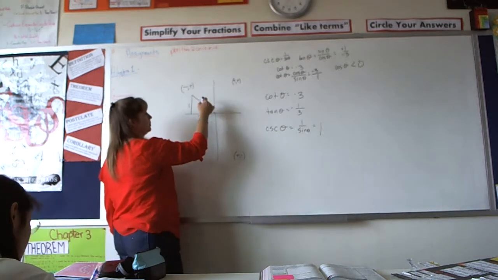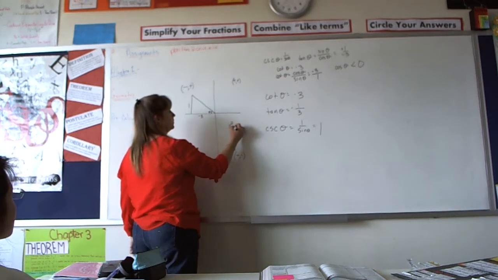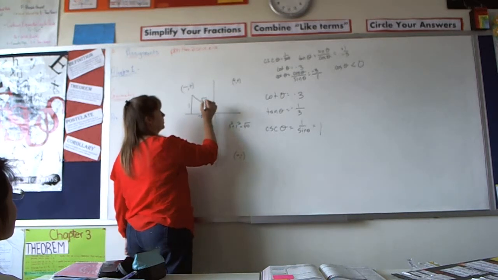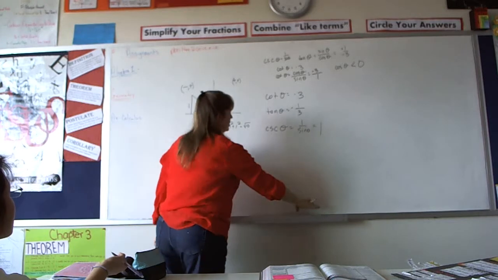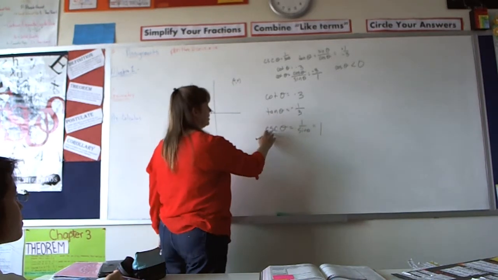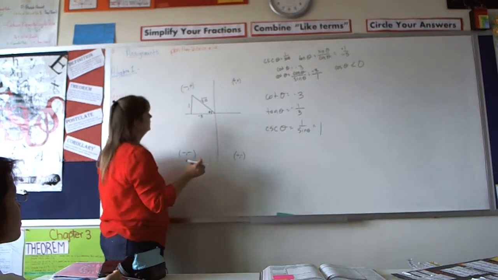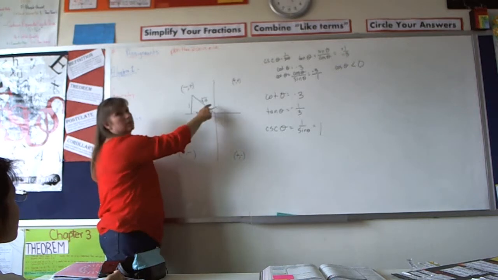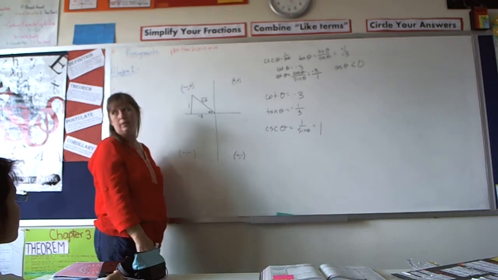What would this value here be? So why is the cosecant? Cosecant is 1 over the sine. The sine is 1 over the square root of 10, right?